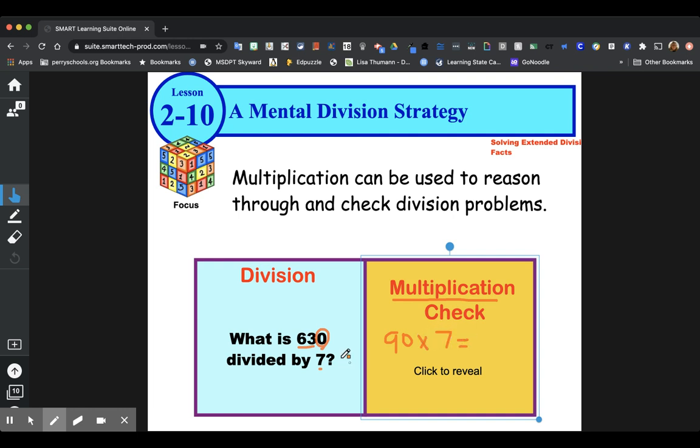I should get 630. Okay, so I'm going to rewrite it vertically because that's the way we've been practicing. And I know 7 times 0 is 0, and 9 times 7 is 63, and I get 630. So did my answer of 90 check out? Yes, and I checked it with multiplication.